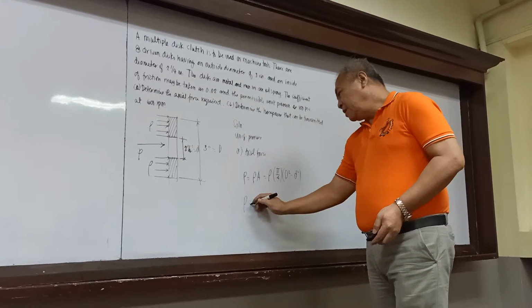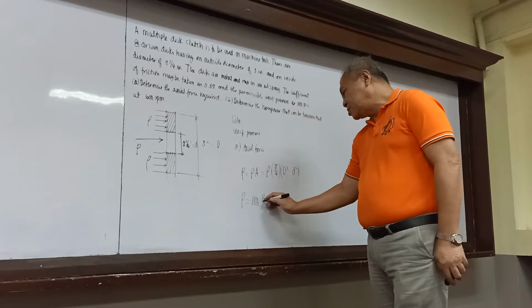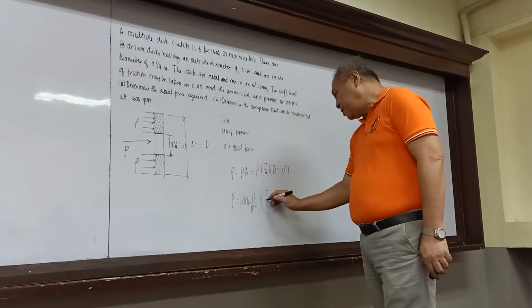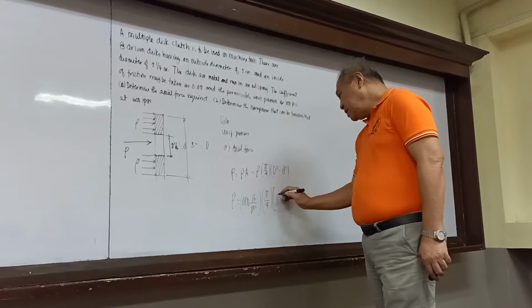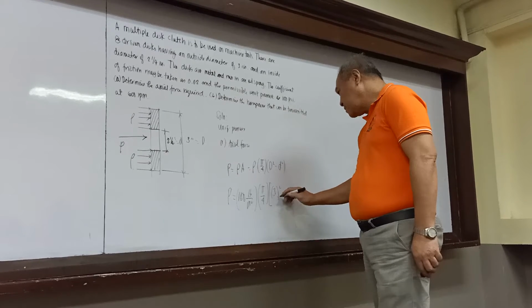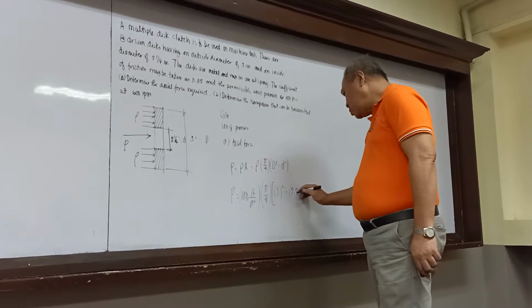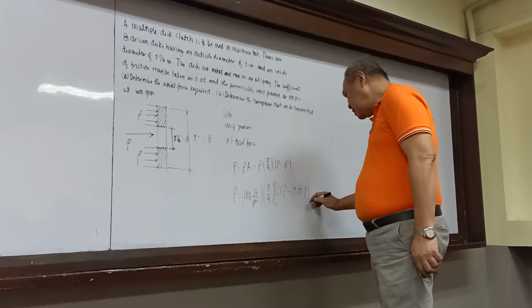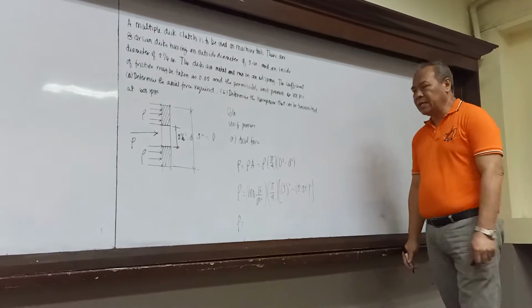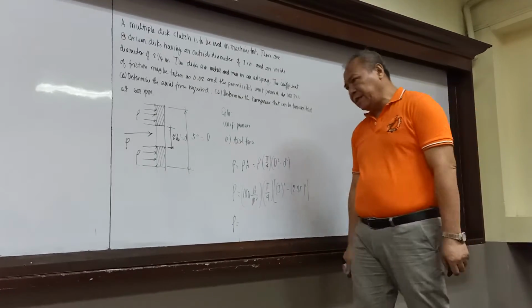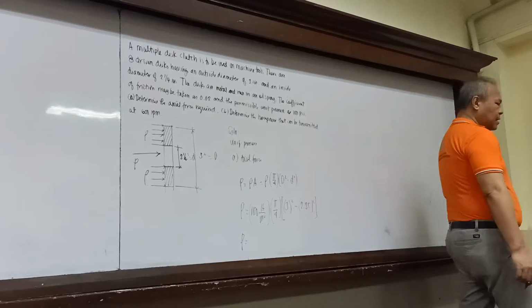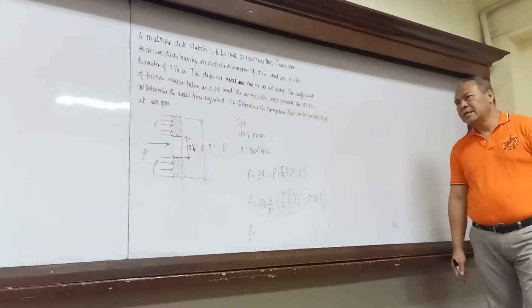For P, it will be equivalent to 100 pounds per inch squared multiplied by pi over 4, that will be the actual force, times 3 squared minus 2.25 squared that we have. So this will be the value for P. Let the calculator give the value for this.